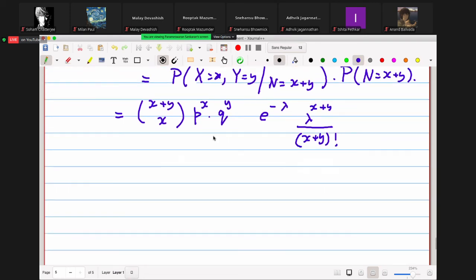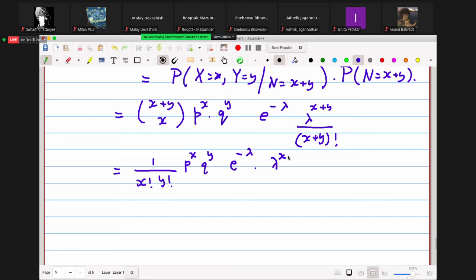But anyway, (x plus y) factorial cancels. What do I get? I get 1 by x factorial, y factorial, p to the power x, q to the power y, e to the power minus lambda, and then lambda to the power x plus y.